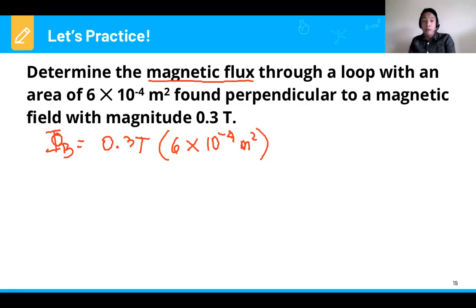And if we need to find magnetic flux, what will be our unit? Our unit must be WB. But here we don't have WB.